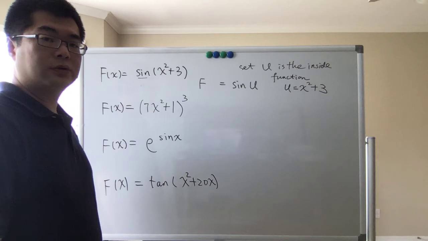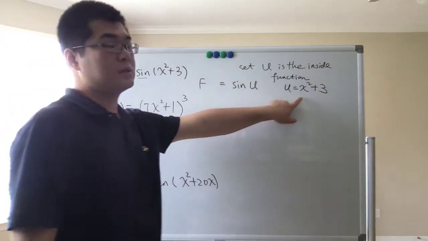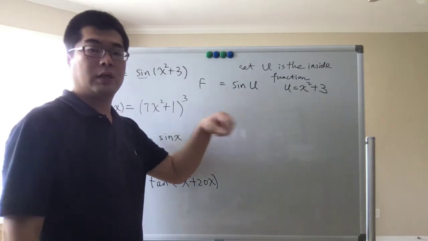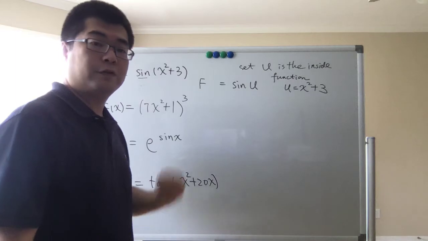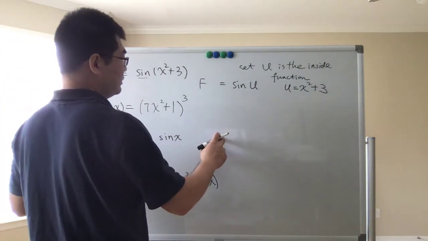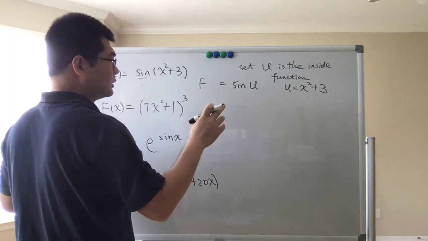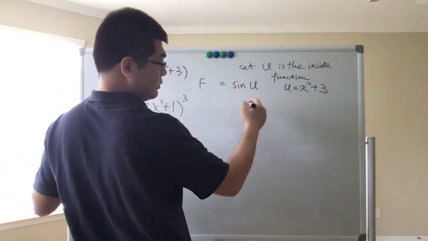So you see, guys, why I write it this way? Because writing it this way is going to be helpful for us to learn the chain rule. And let me show you the meaning of the chain rule by using this step.